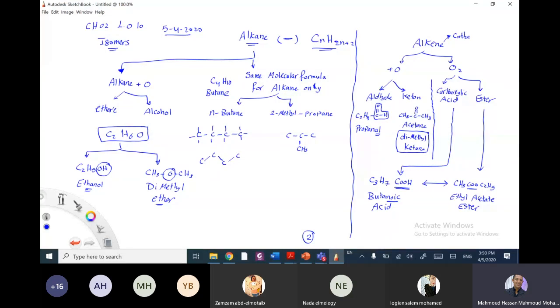So when I give the name, it will be 2-methylpropane, or isobutyl only, since the carbon atom is taking the shape of this case.